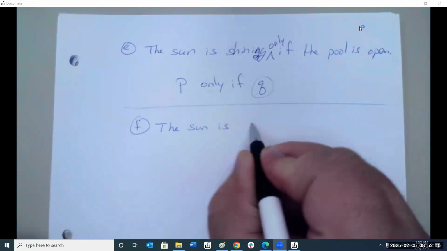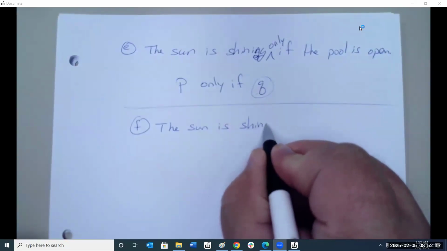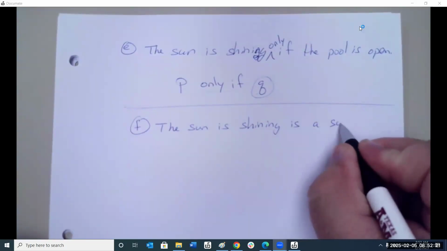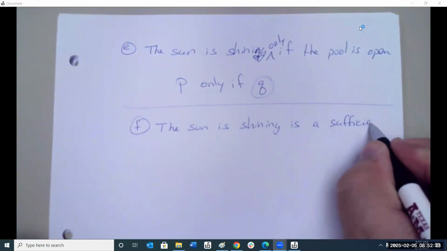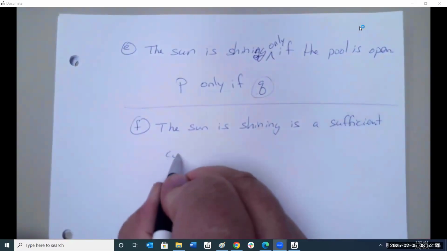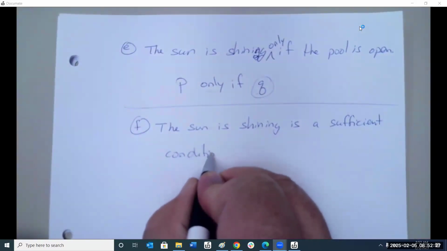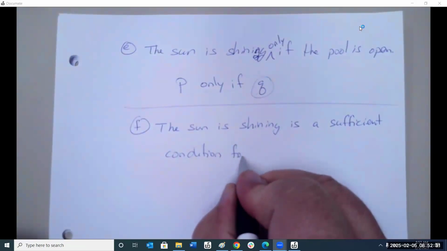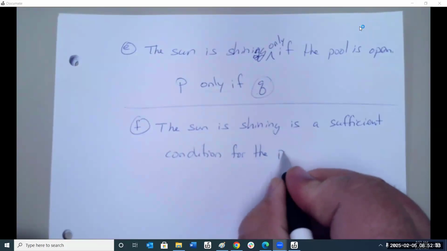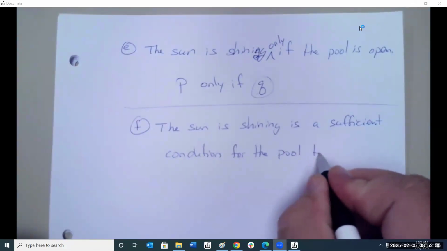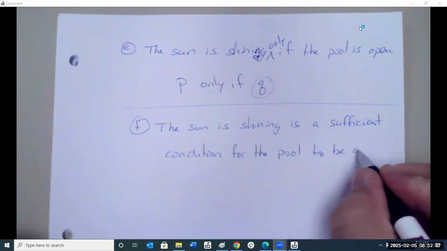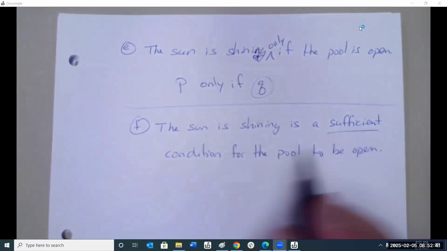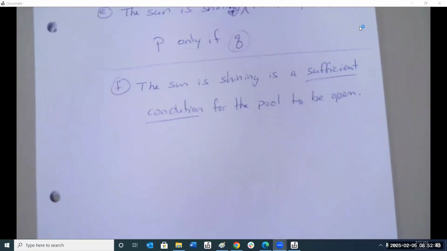The sun is shining is a sufficient condition for the pool to be open. What does sufficient condition mean?